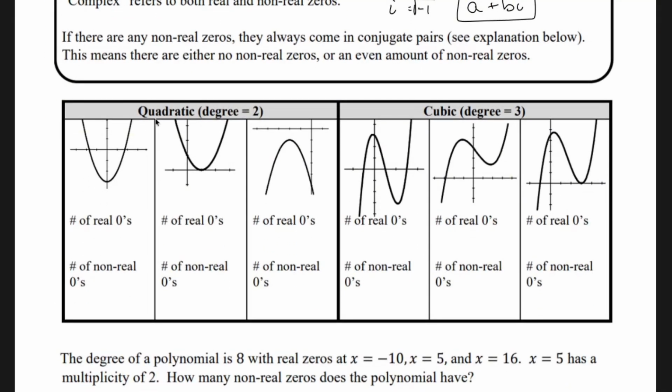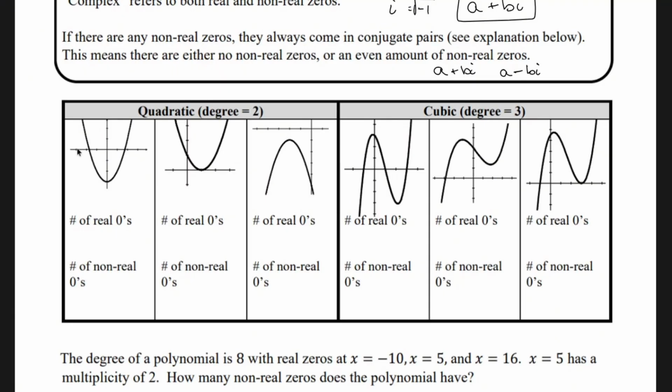All right. If there are any non-real zeros, they always come in conjugate pairs, and we'll see the explanation below. This means there are either 2 non-real zeros or an even amount of non-real zeros. So I will say it now: if a plus bi is a zero, then a minus bi is its conjugate.